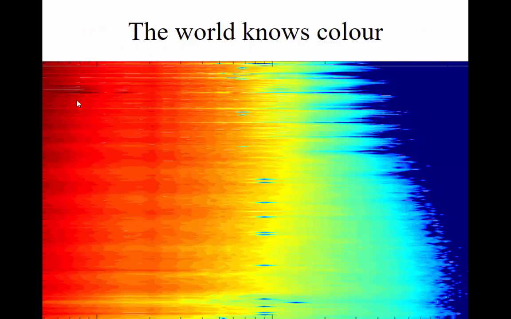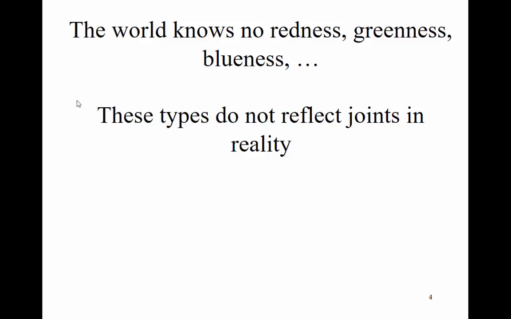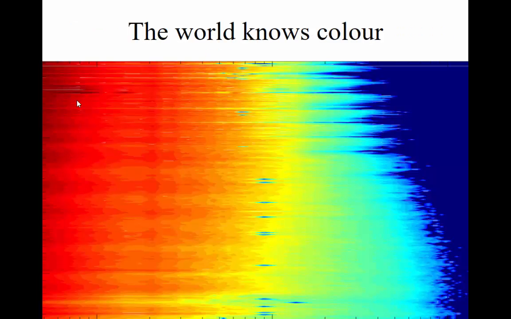Now, there is color in reality. Many philosophers disagree with that statement. I disagree with them, and I'm right. So the world has color in it, but the world doesn't necessarily have redness or greenness or blueness in it, because, as Plato would say, there are no joints in reality which separate redness or greenness or blueness, because they are connected together as part of a continuum.